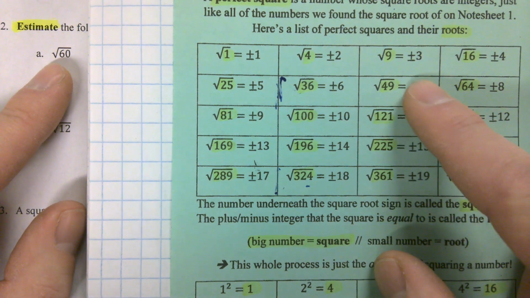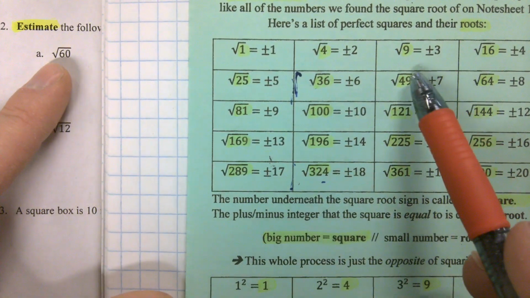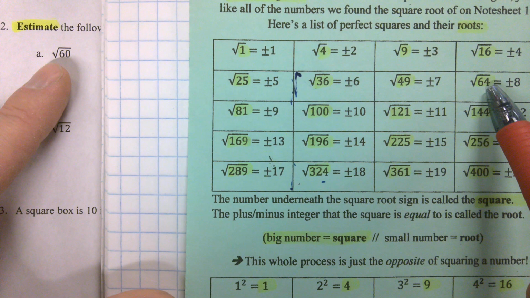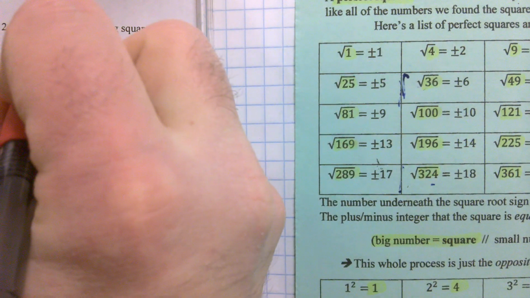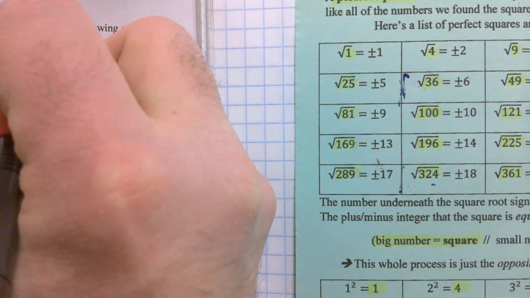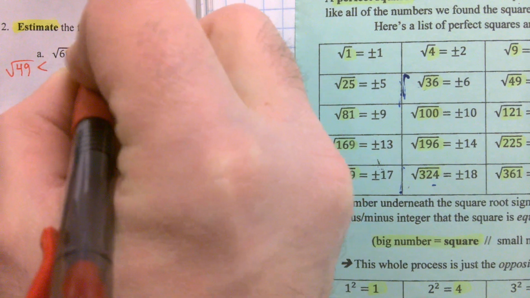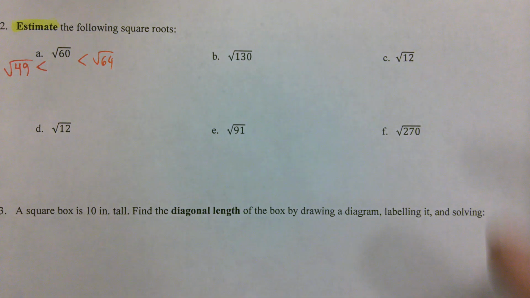Less. So it's going to be somewhere in here, in between 49 and 64 is the square root of 60. So it's greater than the root of 49. It's less than the root of 64. It's kind of how we're thinking about this.